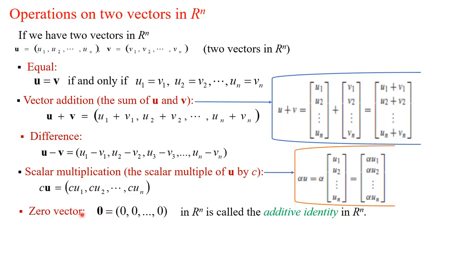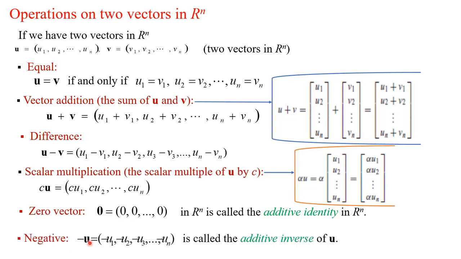So this zero vector is usually the origin of your space, whether it's an n-dimensional space or a 2D or a 3D space. This zero vector is given this fancy name of additive identity. So the additive identity in Rn is this n-tuple having every entry as zero.